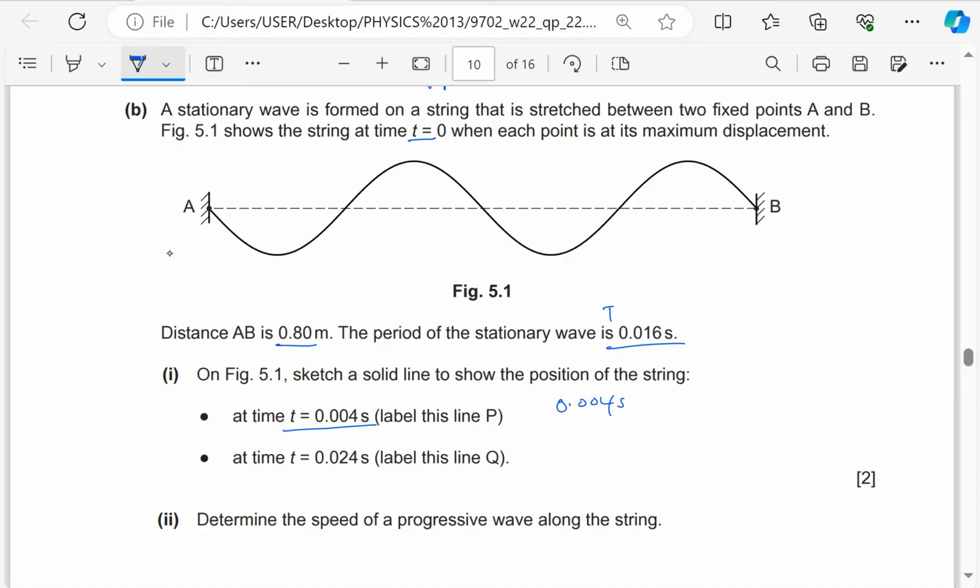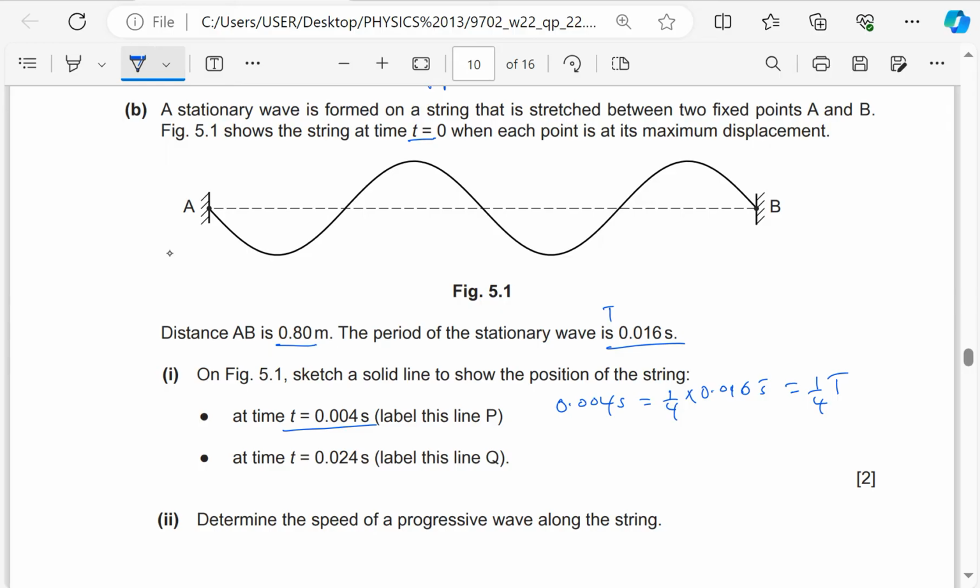So 0.004 seconds is the same as a quarter times 0.016 seconds. That is a quarter of a period. So if we start from t equals 0, we have this. Then it means at a quarter of a period, one wave moves to the right by a quarter of its cycle.